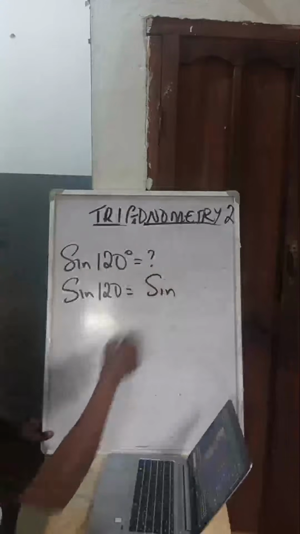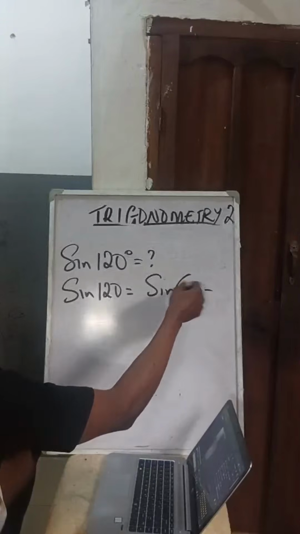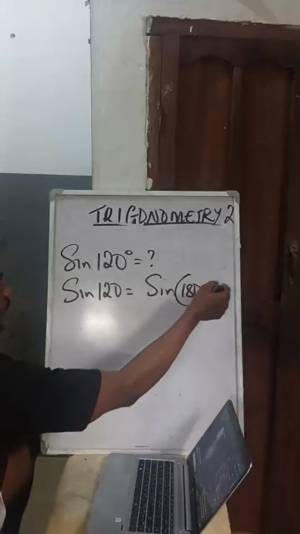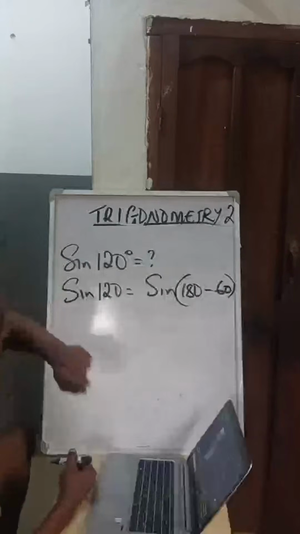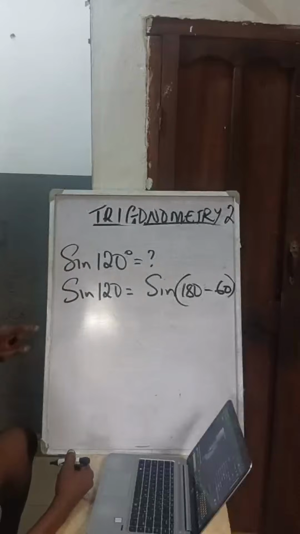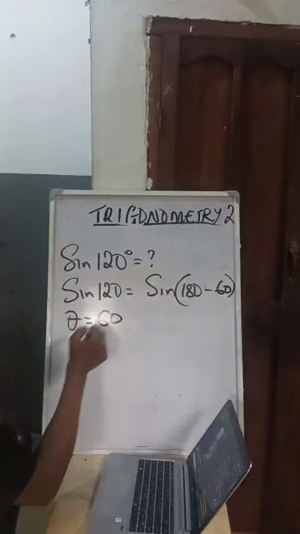Sine of 180 minus 60. So 180 minus 60 will give us 120. So theta is equal to 60.